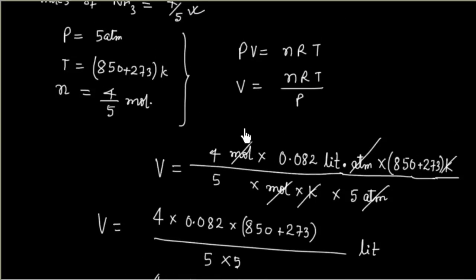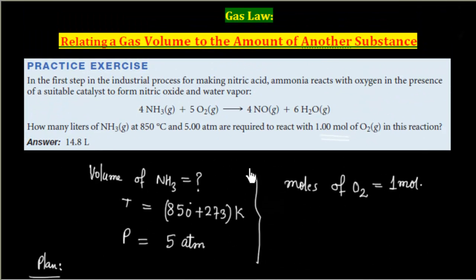So you see, if I need 1 mole of oxygen, I need around 14.8 liter of ammonia.